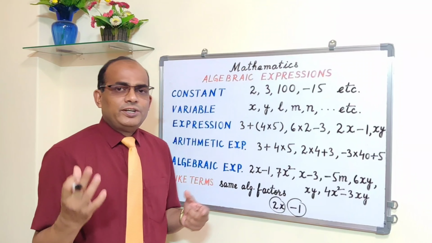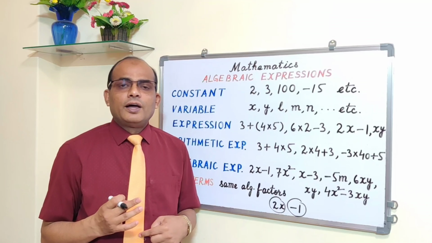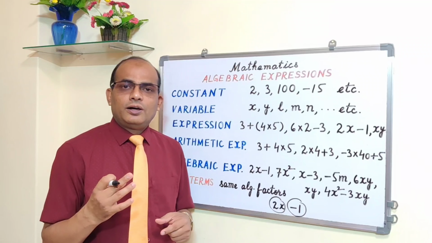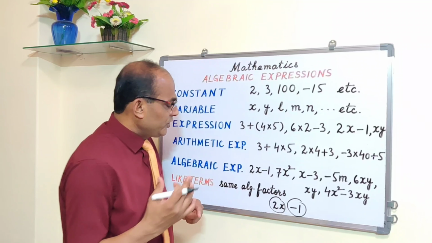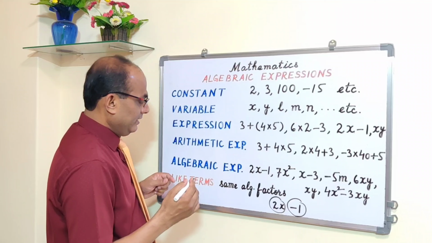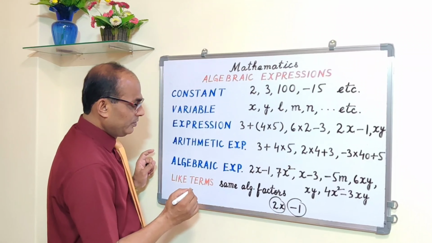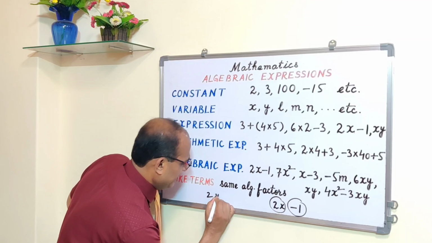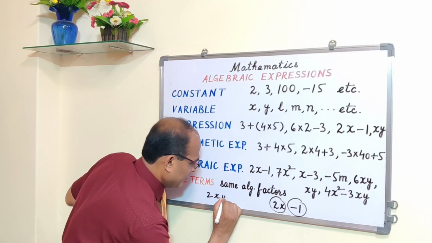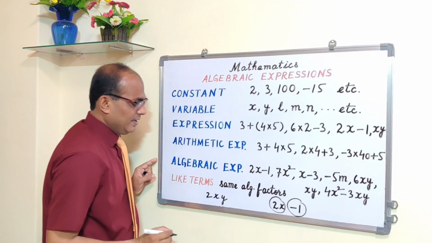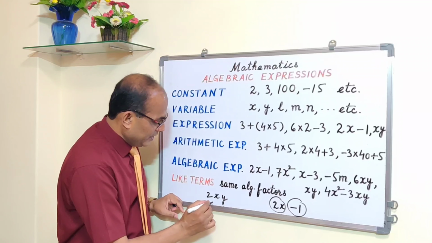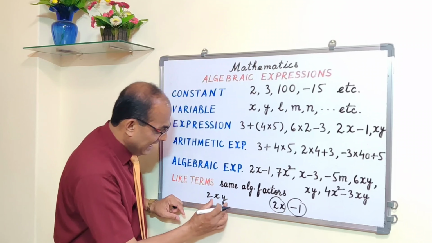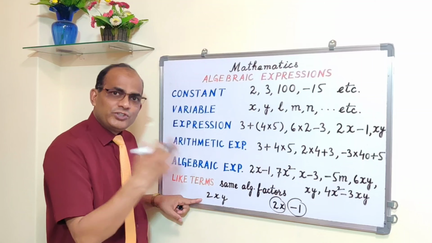In a more general way, we call it coefficient, and suppose we are writing 2xy.